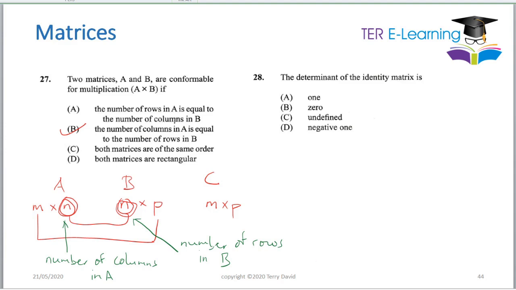Just for you all to remember, they're talking about the identity matrix. The identity matrix I is equal to 1, 0, 0, 1. That's the identity matrix. So the determinant of the identity matrix is what? What is the answer? Alright, I've seen Tyree saying A, Aaron saying A. Everybody else, what's the answer?